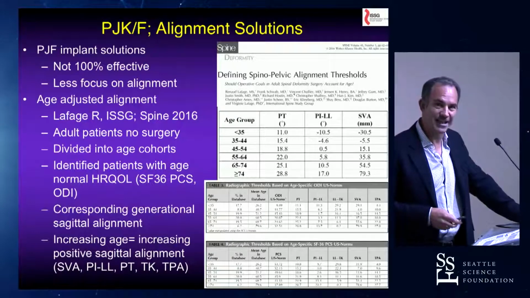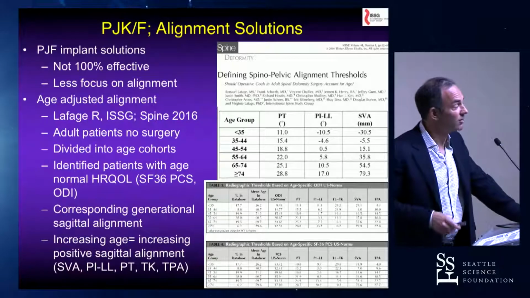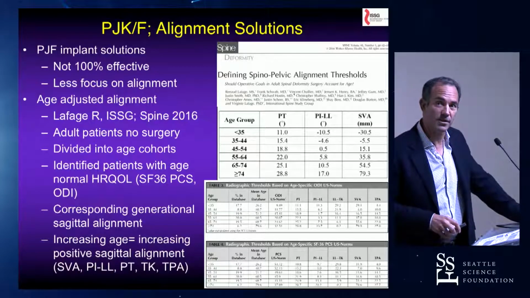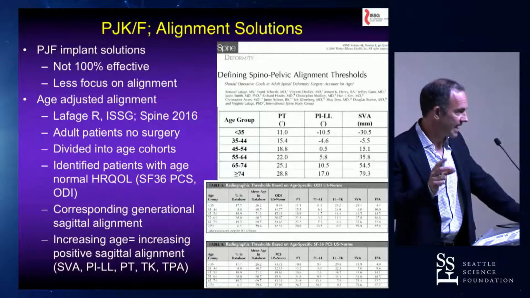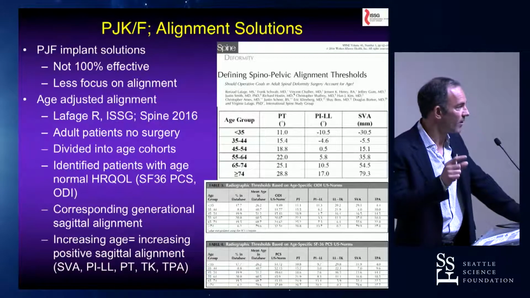And this is Renaud's initial study. It looked at adult deformity patients with no surgery, divided them into age cohorts, and looked at the health-related quality of life for those patients.